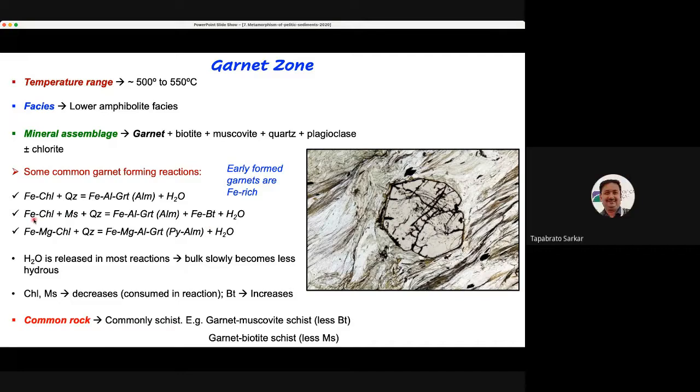We do not write all these reactions in terms of their formulas because it makes them look very complicated, and we have not really balanced it here, just to show what reactions are taking place. But if you write the chemical formulas of these minerals and balance it, you'll see that potassium is on the left side, so you have to have potassium on the right side as well. Yes, simple mass balance.